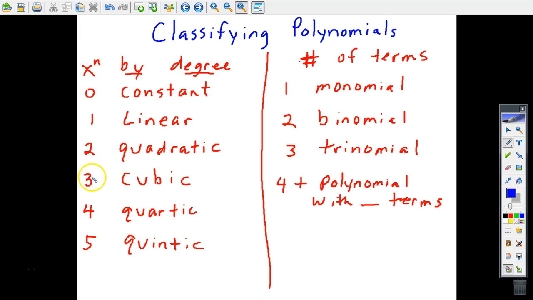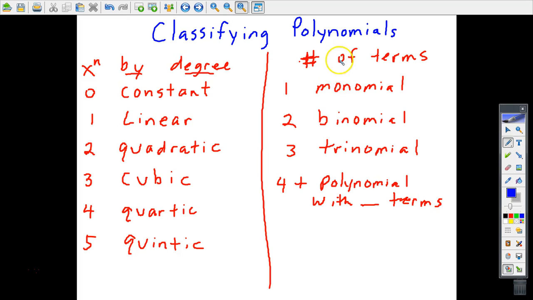If the highest exponent for x were 3, then we would say that this polynomial was considered to be cubic. It's a cubic function. If the highest exponent for x happened to be 5, in other words, n equals 5, then we would call this a quintic polynomial function.